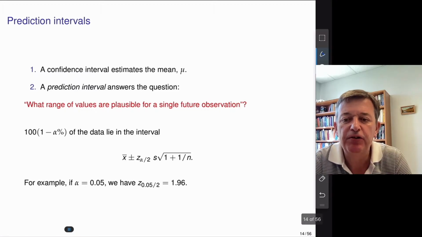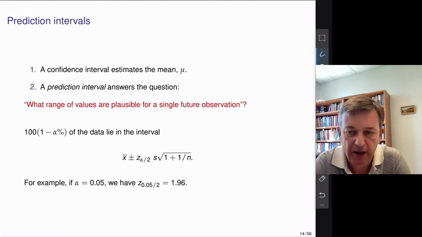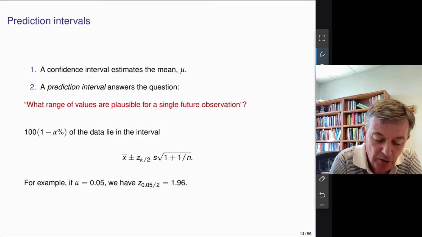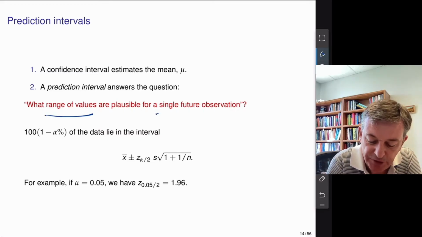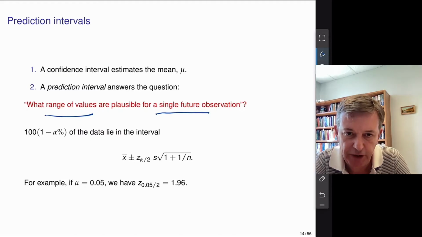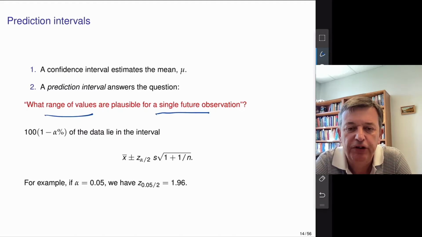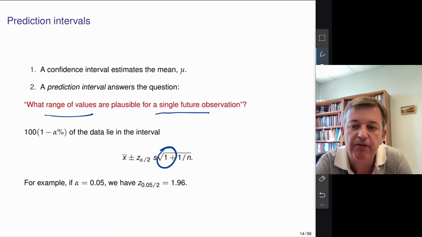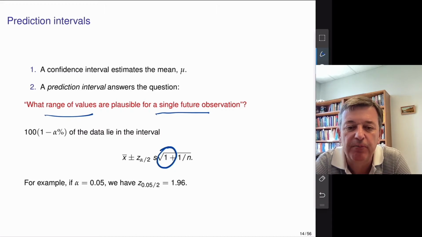Now, a related concept, which is very important in the modern-day world, as a lot more models are used to make predictions. So if I want to decide what's the range of possible values for a single future observation, not just the range of plausible values for the overall mean mu, I get an extra error variance that comes in for the single observation.